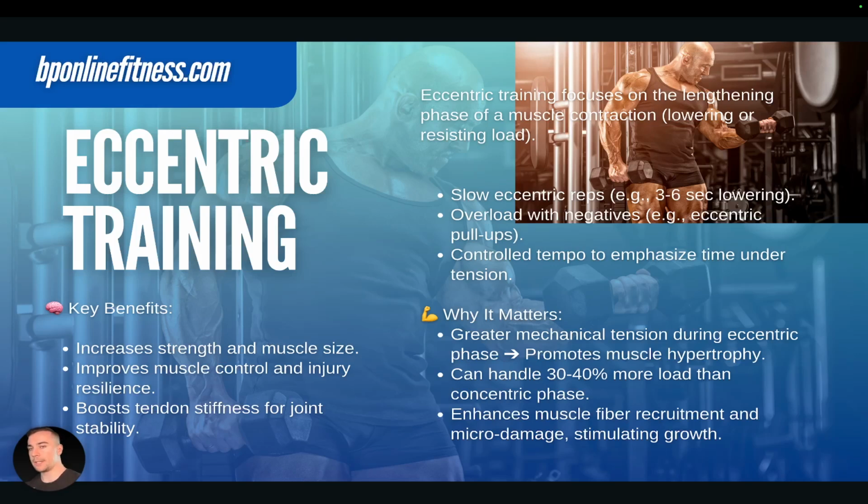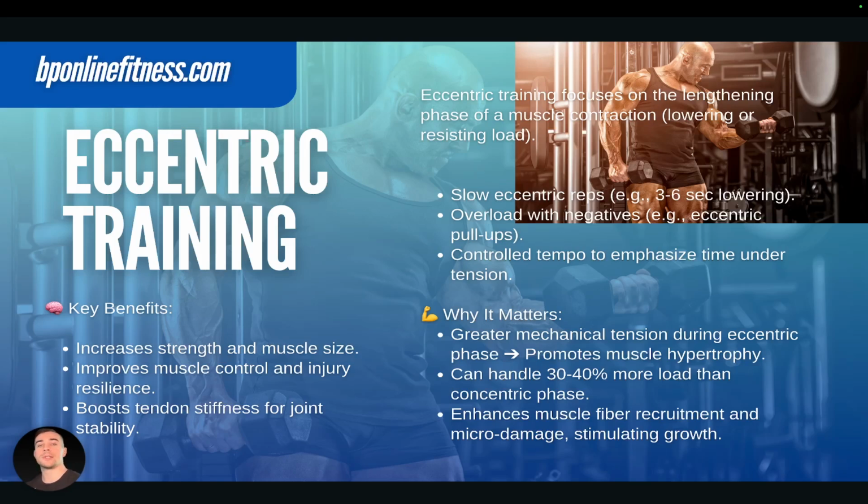So key benefits, again: this increases strength and muscle size, improves muscle control and injury resilience. It boosts tendon stiffness for joint stability. So you're actually really helping with tendons as well and your joints overall when you're doing this type of exercise.